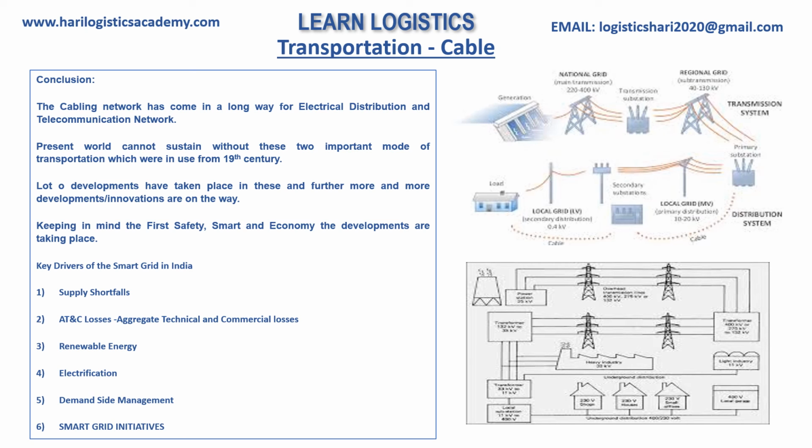The key drivers of the smart grid in India are: 1. Supply shortfalls. 2. AT&C losses, that is aggregate technical and commercial losses. 3. Renewable energy. 4. Electrification. 5. Demand side management. 6. Smart grid initiatives.